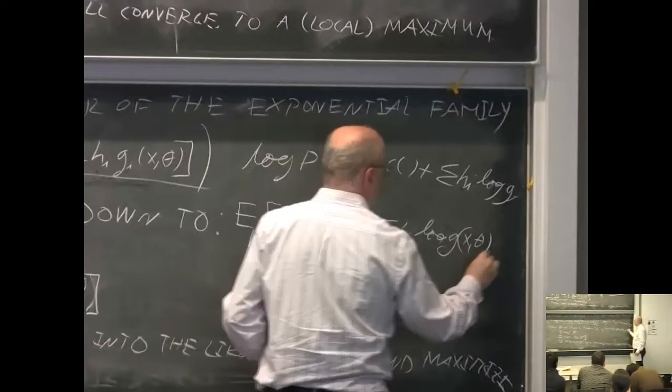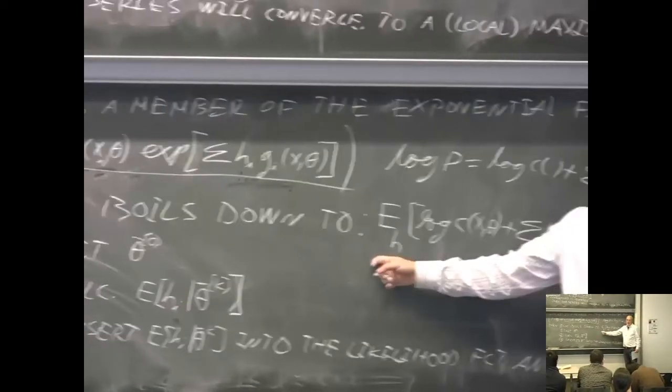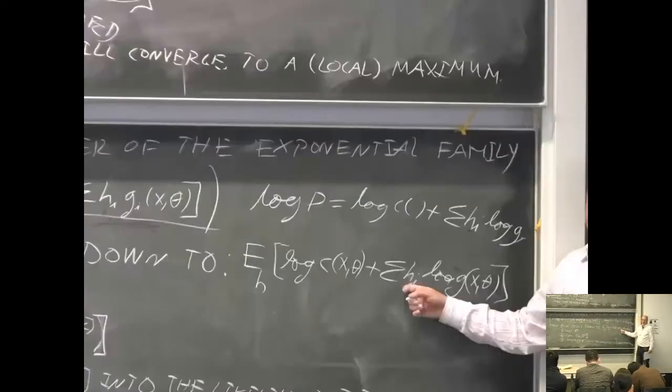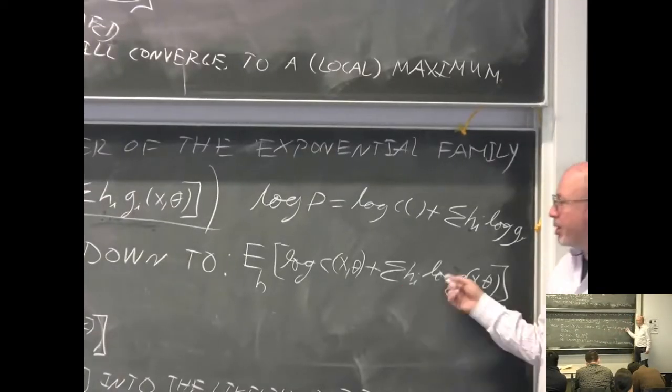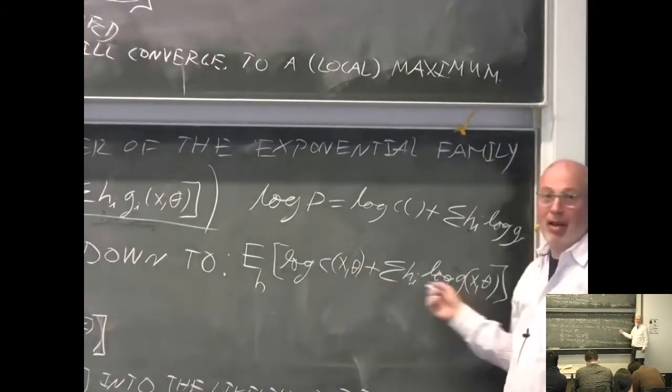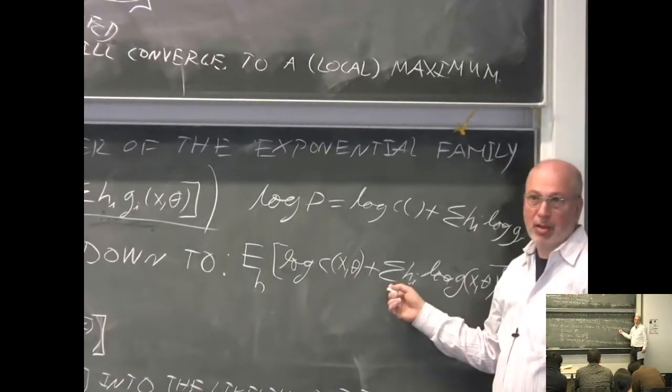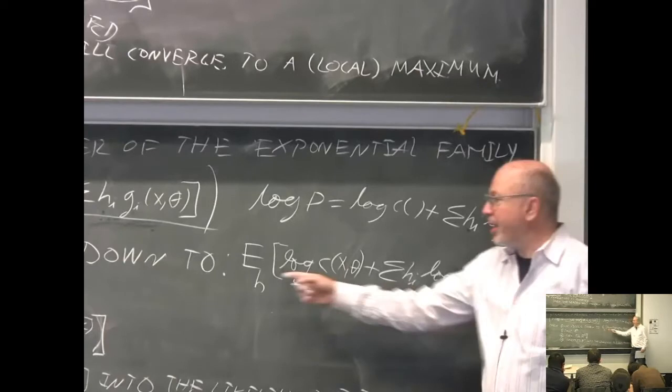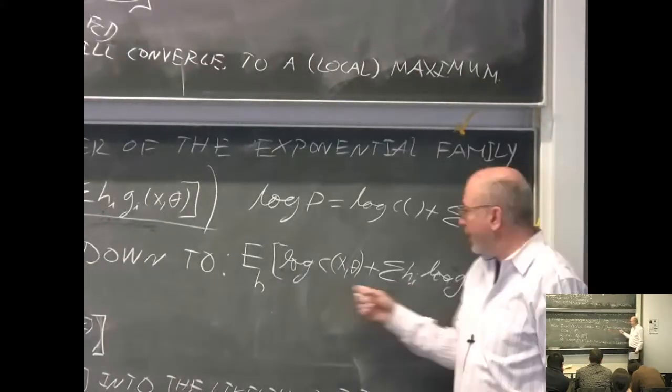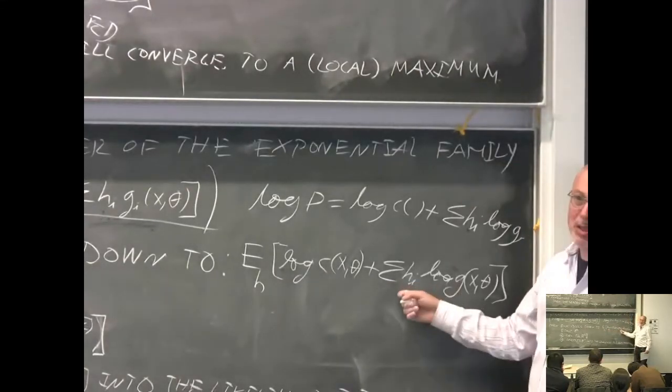Since the expectation is with regard to H, the only thing that matters here are the H's. And because this entire expression is linear in the H's, you can find the expectation of this whole thing by replacing these HIs with their expectations.